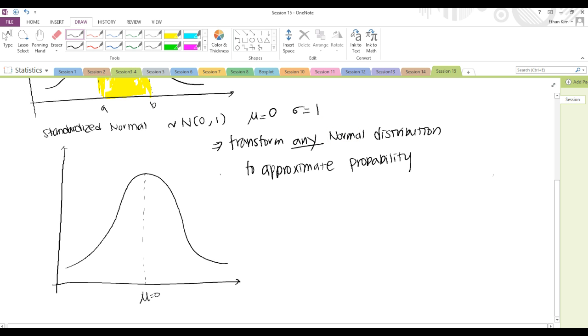This is something called the z-score. This is how we standardize: x minus mu over sigma.